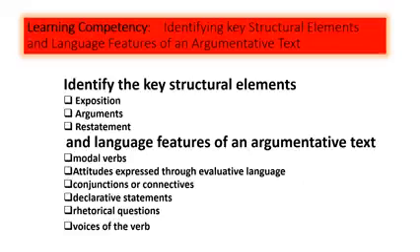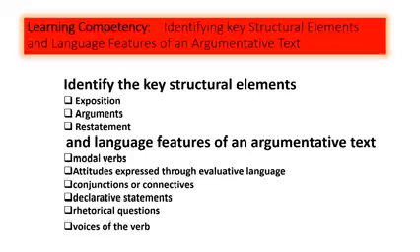You also have the arguments, which are found in the body, and this includes your backup, your reasons, your justification for your stand or your position. And of course, the third part is the restatement, also known as your conclusion. This is where you restate your position.